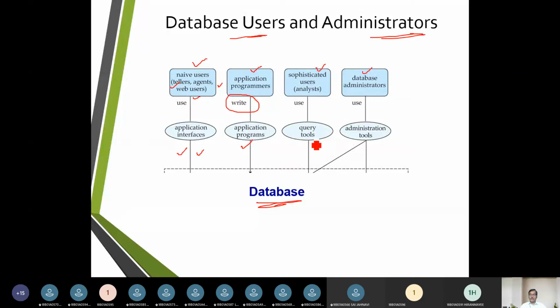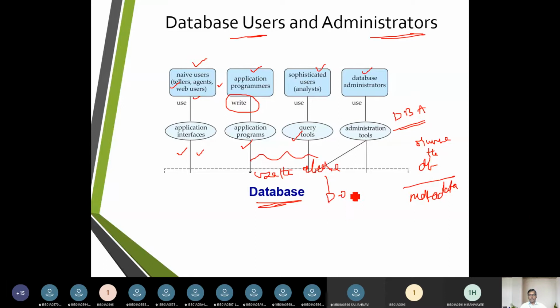And finally, we have a database administrator, who organizes the database, maintains the metadata, and structures the data. And how do these people use a database? They use the database with DDL commands, DML commands, DCL commands, or transaction control language commands.